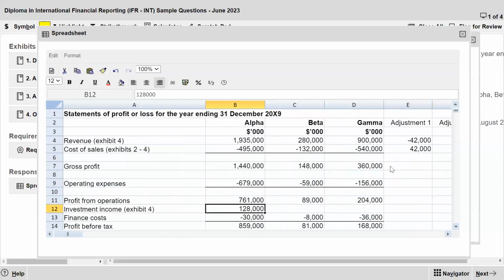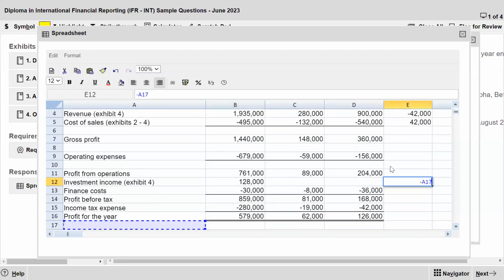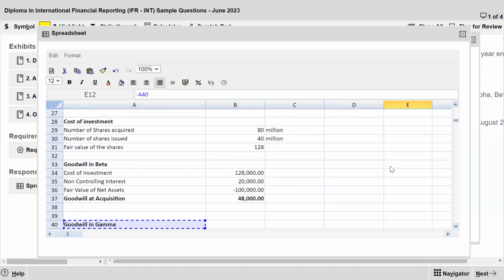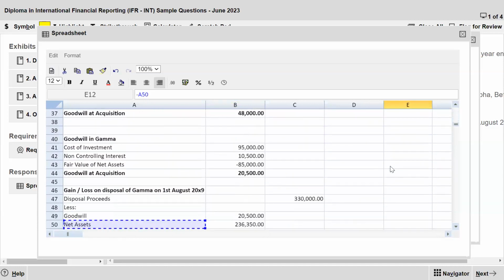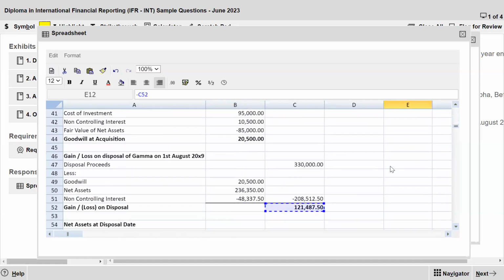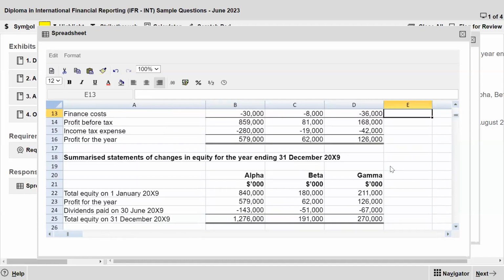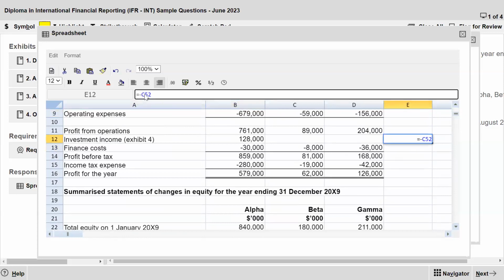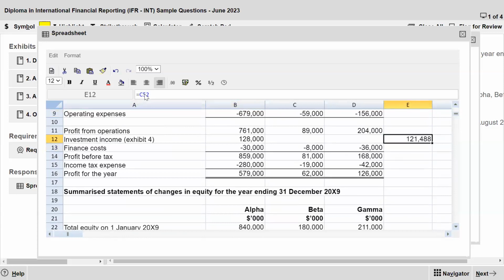Then the investment income is 128,000. In addition to 128,000, there has to be an adjustment of the gain or loss on disposal. It is not minus, it has to be plus because it's a gain on disposal.